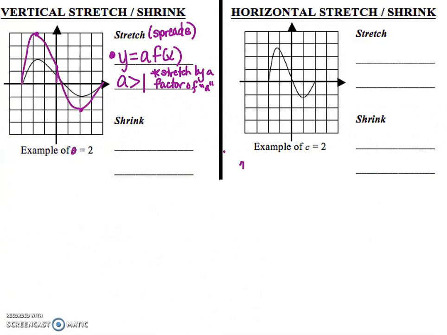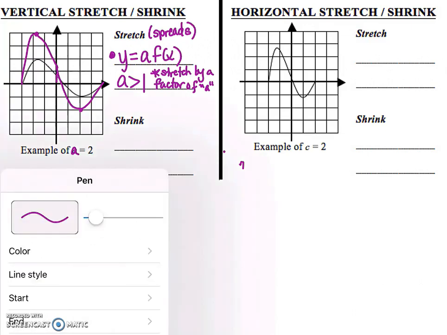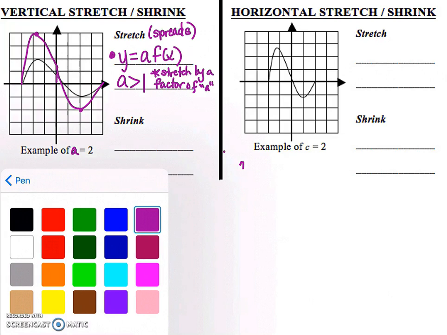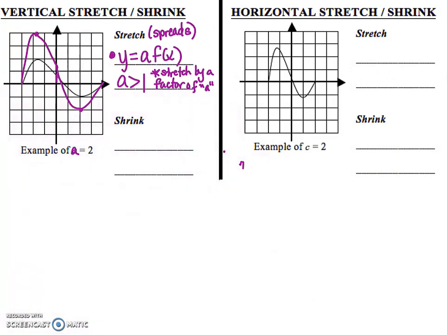And sorry, I changed it to A. This is A equals 2. Now a vertical shrink, go ahead and change my color here. A vertical shrink is going to look the same in the equation, because you're going to have some a value in front of your function. But what's going to be different here is that your a value is going to be a number between 0 and 1.